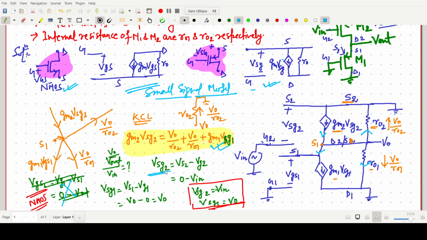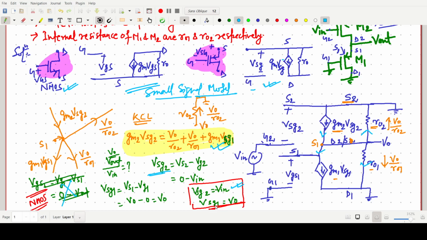So VSG2 is VS2 minus VG2. S2, the source, is connected to ground. For the small signal model, we have to make the DC voltage source ground, so it should be 0 minus VG2. G2 voltage is V in, so minus V in.